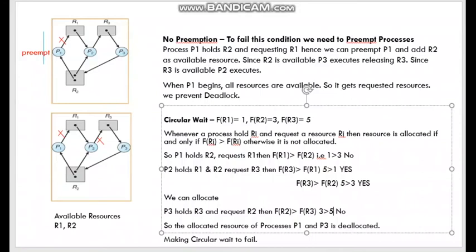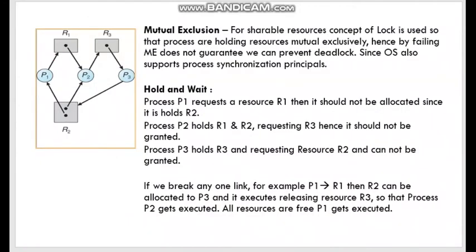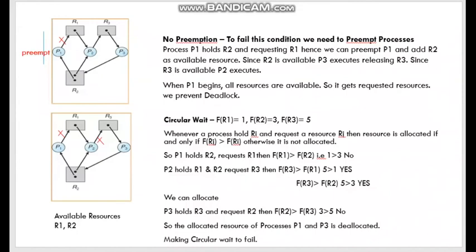For processes 3 and 1, since they are holding and requesting resources, that is the second condition, hold and wait. So we can preempt either one of the processes. If you preempt either process 1 or 3, any one you can choose, those resources become available for the remaining process. Process 3 holds R3 and requests R2, 3 is greater than 5?